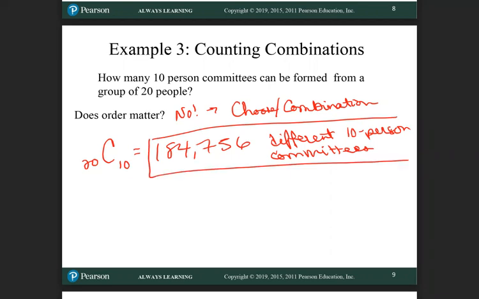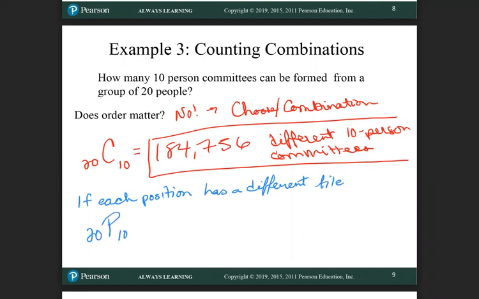Okay, now what would this question have sounded like as a permutation? Well, now those 10 places in the committee need to have titles. They need something that differentiates them from one another. So instead of a 10-person committee, if it was a president and a vice president and a secretary and a treasurer and so on, 10 different positions, where each position has its own title and each title is different, then we would have done 20 permute 10, because now the order does matter.